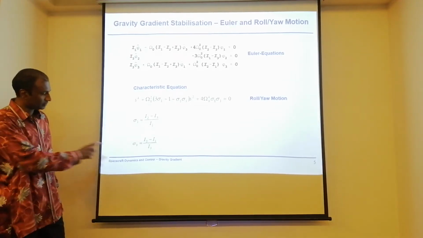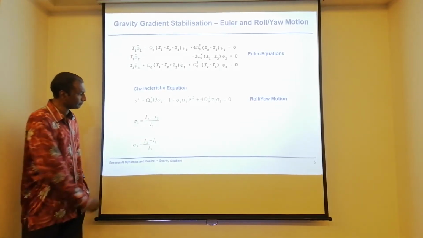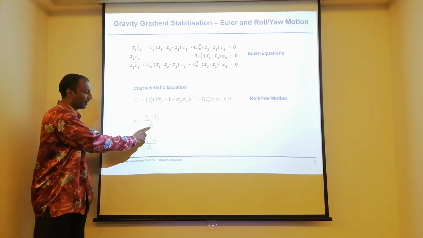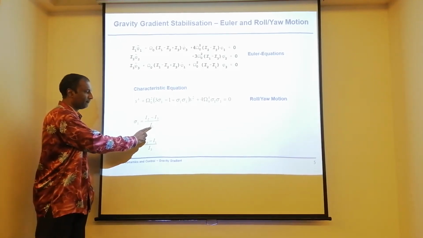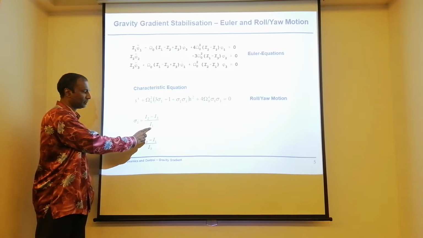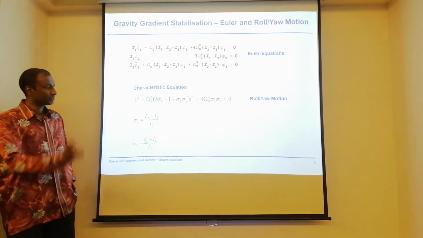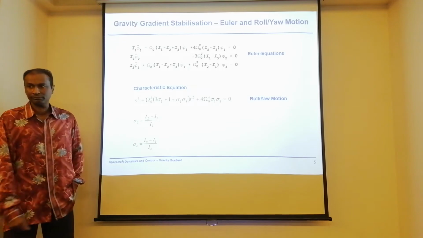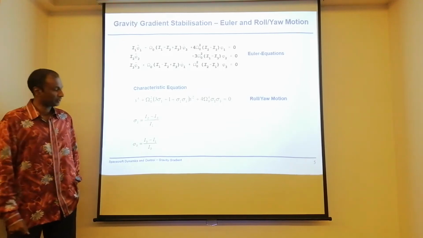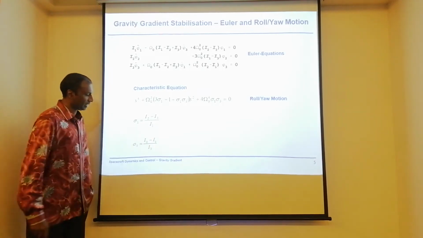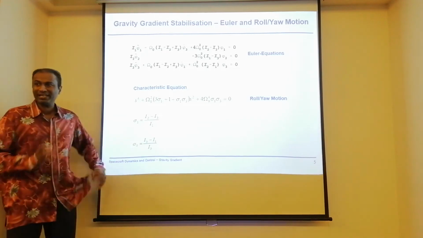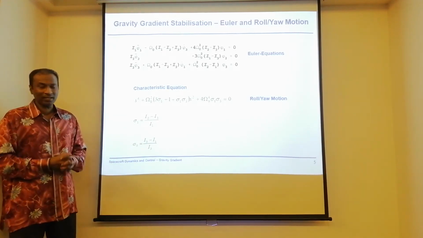Okay, what does it mean? It means that if I have a very, let's say, huge I1, that means inertia x, when I have huge, I can't be stable. So I need to have a balance.